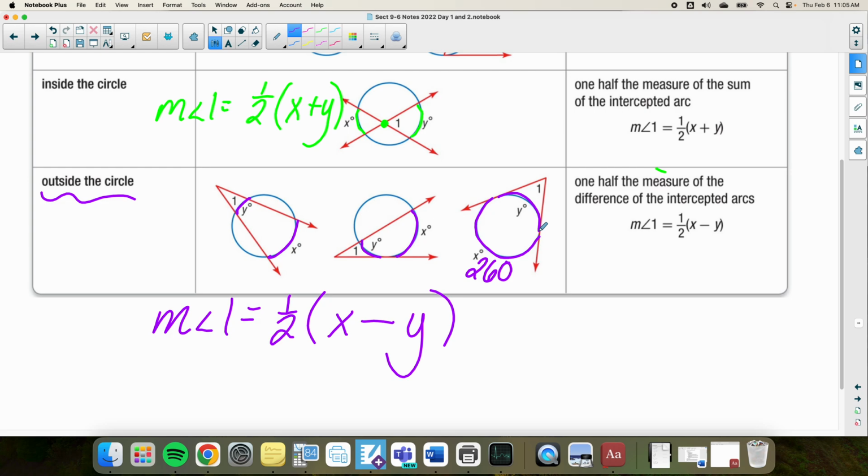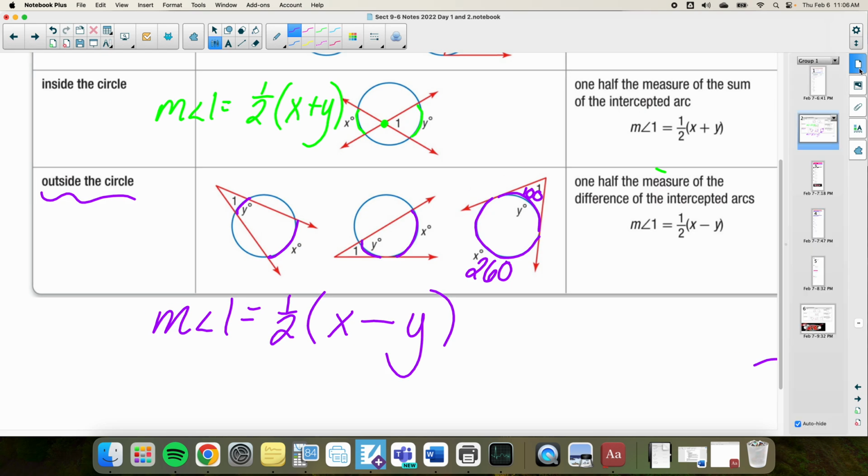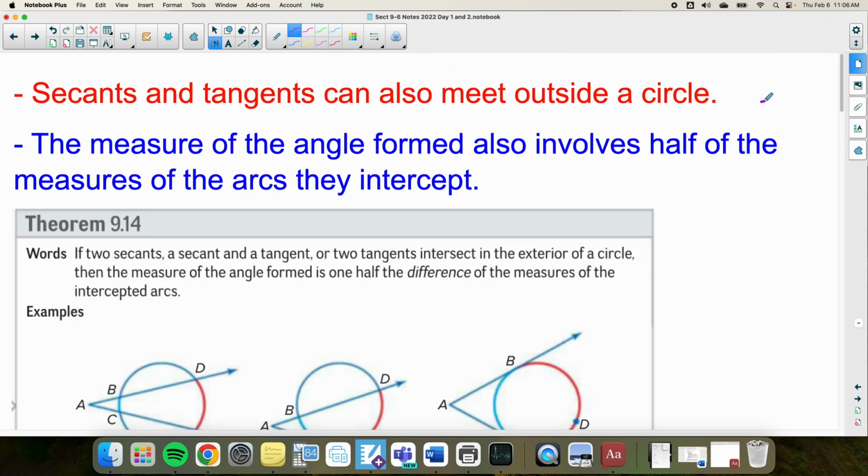Because really what happens here when they touch the outside is you still have that entire circle then. So if this one's 260, the other one would be 360 minus 260, which is 100. Okay? So that's the new rule that we're gonna go to do today.